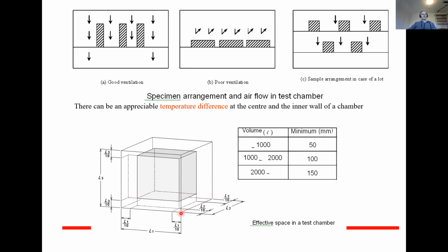So basically these light lines here, they are referring to the inner volume of the test chamber. And this grayish cube here is the volume where you should put your samples. So you cannot put them too close to the walls or roof or bottom.